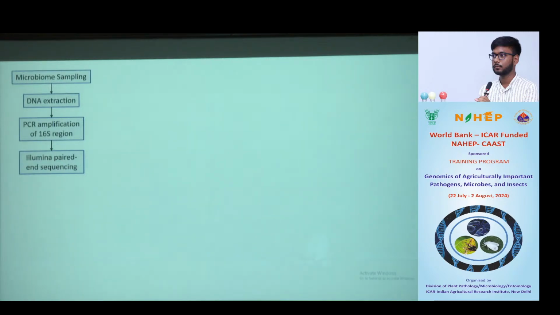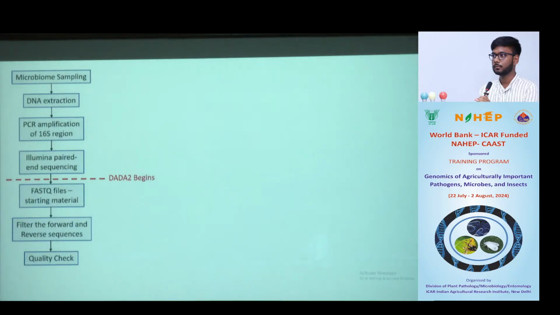So we'll get the sequence as FASTQ files. FASTA files, right? The FASTA file will have our sequence and a name identifier of the sample. But in the FASTQ files, there is one more added component, that is the quality of the base. It is referred to as Phred score, a value from 0 to 40, which is given to each base.